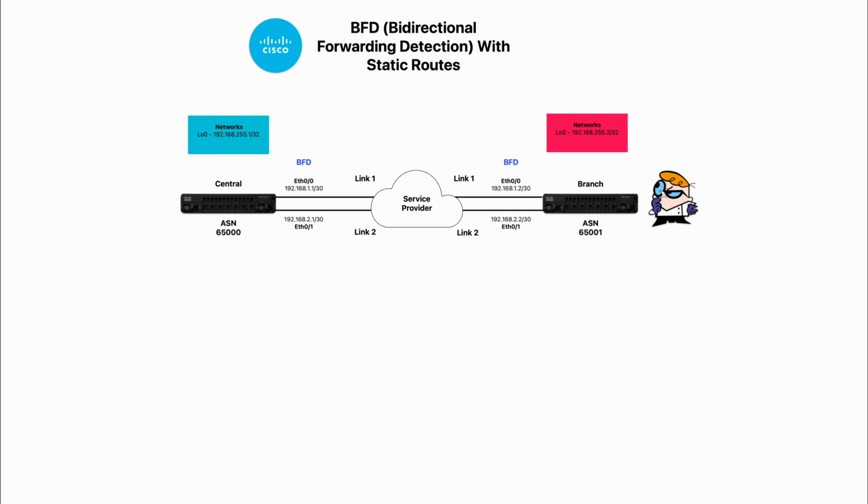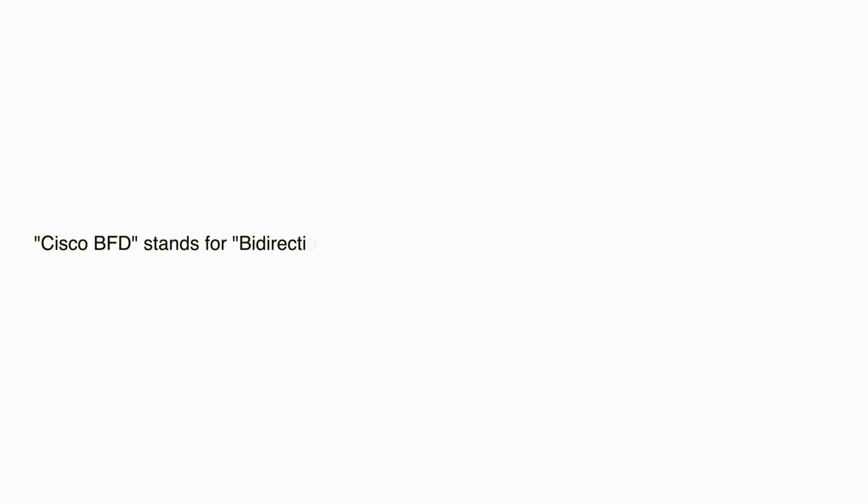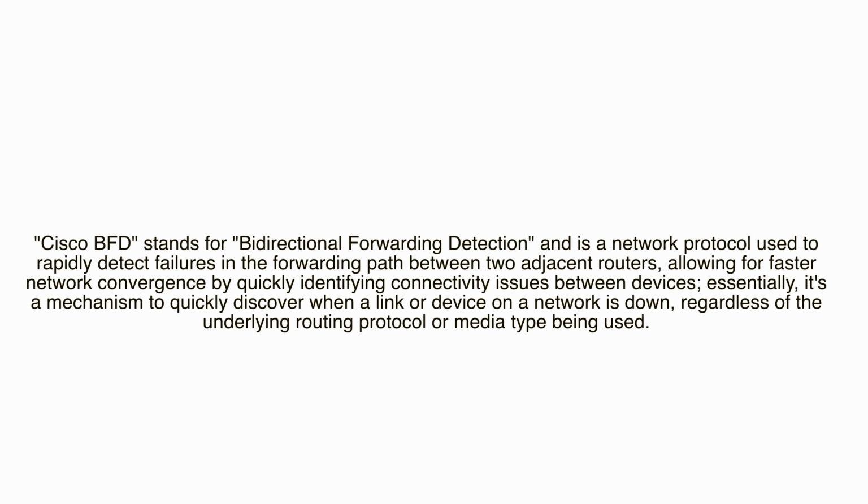So today we're going to be talking about BFD again, but this time it's going to be with static routes. But before we get into the lab, let's get into the details. Cisco BFD stands for Bidirectional Forwarding Detection and is a network protocol used to rapidly detect failures in a forwarding path between two adjacent routers, allowing for faster network convergence by quickly identifying connectivity issues between devices.